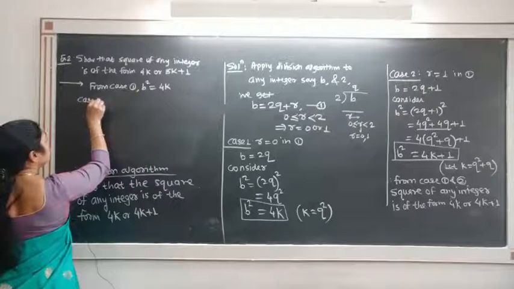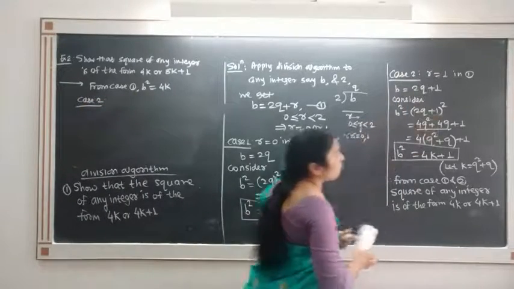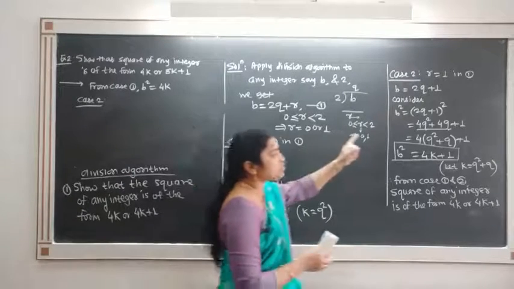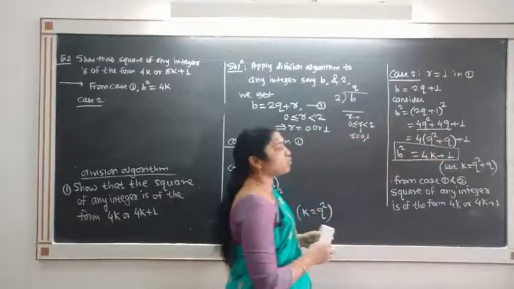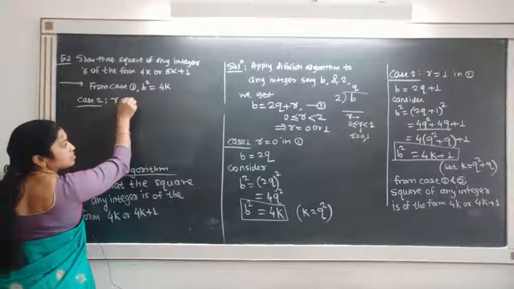In case 2, we are considering r equal to 1. So b is equal to 2q plus 1, and we get b square is equal to 4q square plus 4q plus 1. So consider b square. We are taking r equal to 1.